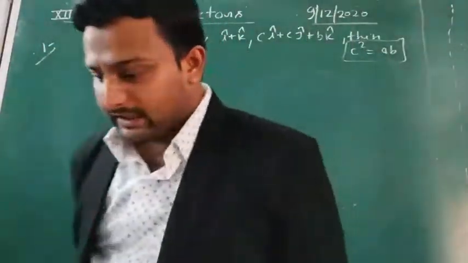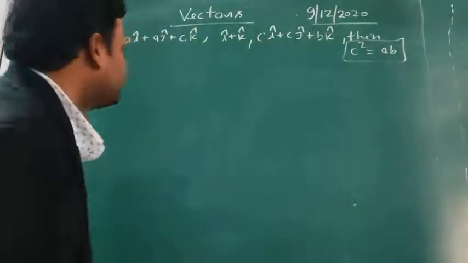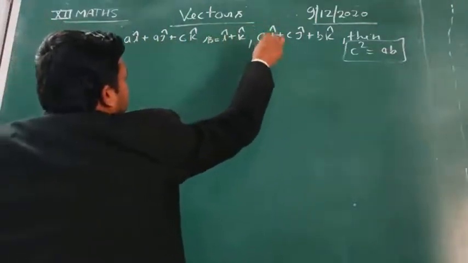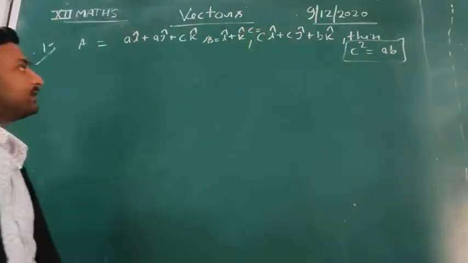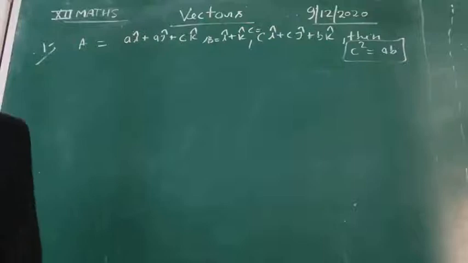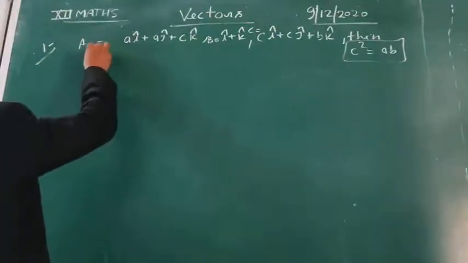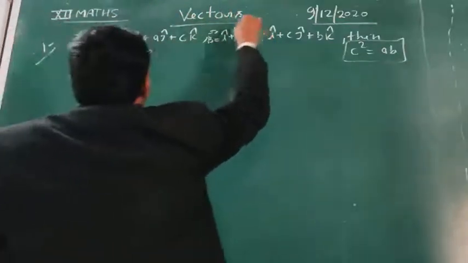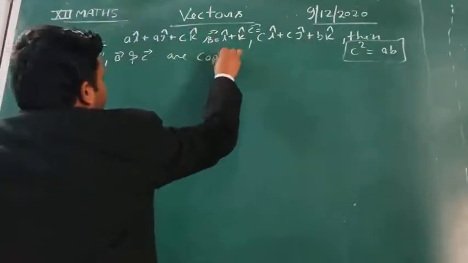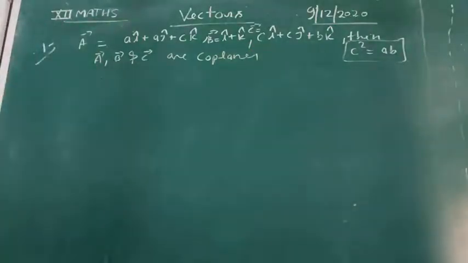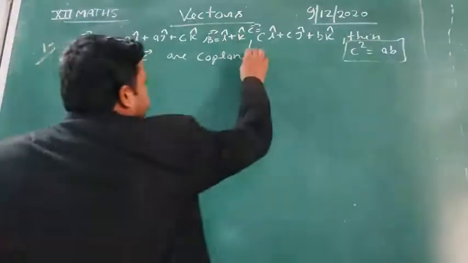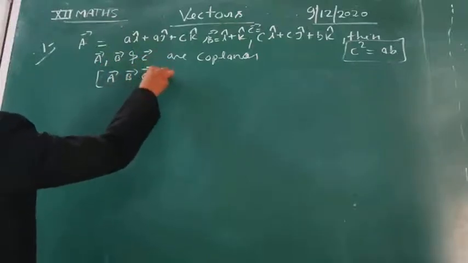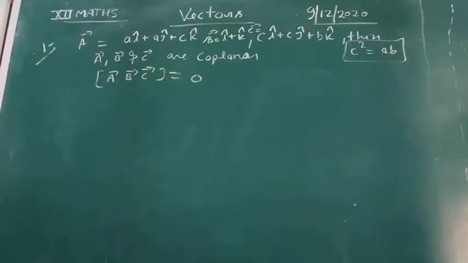We know the condition that if the three vectors, this is A, this is B and this is C, are coplanar, then A, B, C (the scalar triple product) is equal to 0.